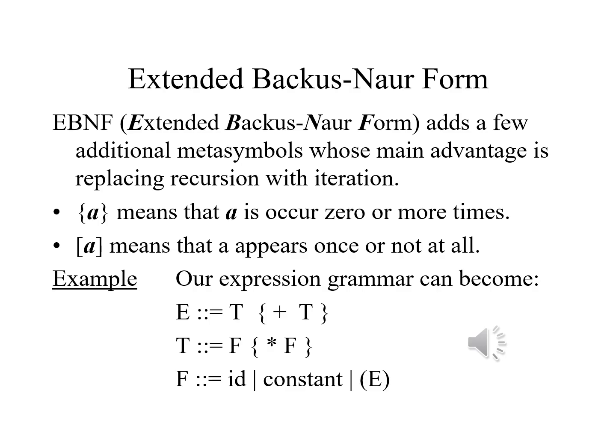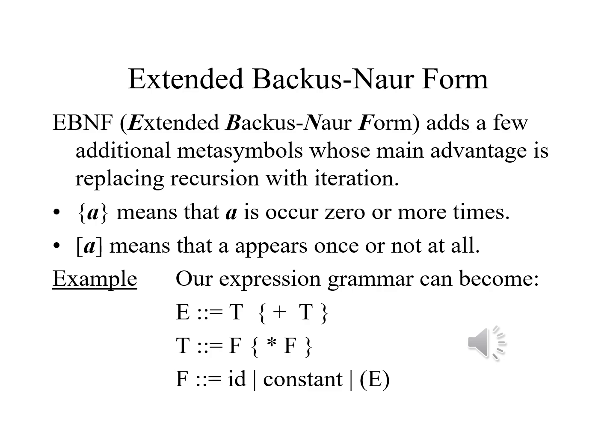EBNF, or extended Backus-Naur form, adds a few additional metasymbols whose main advantage is replacing recursion with iteration. An A inside curly braces means that the A is going to occur 0 or more times. That same A in square brackets means that A appears once or not at all.